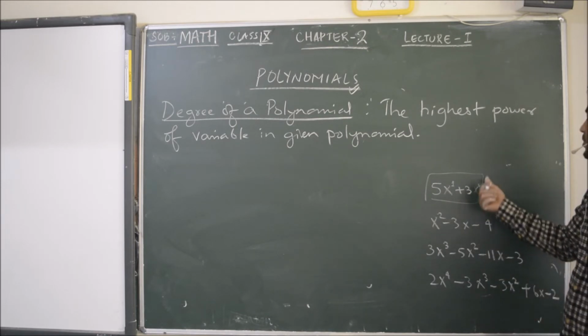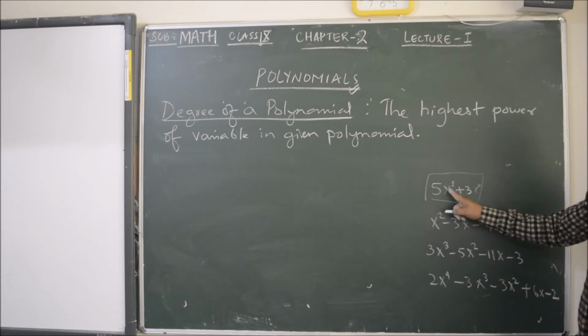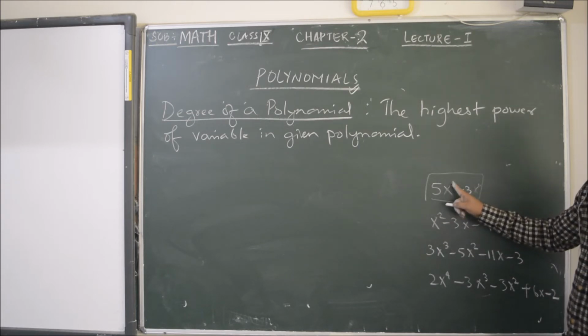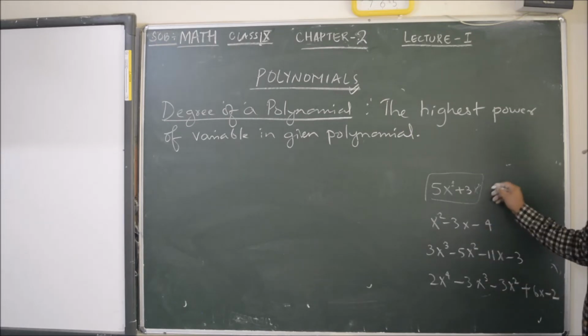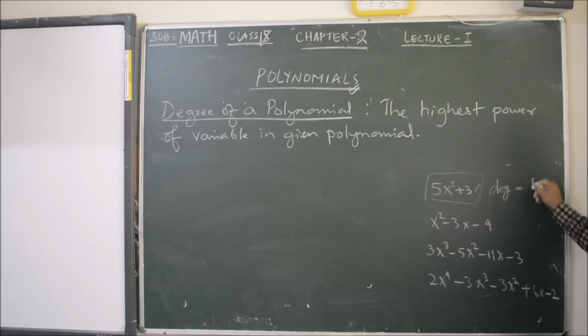So the power of x is 0 and 1. Which is the highest? 1 is the highest. So the degree of this first polynomial is 1. In short form, degree equals 1.